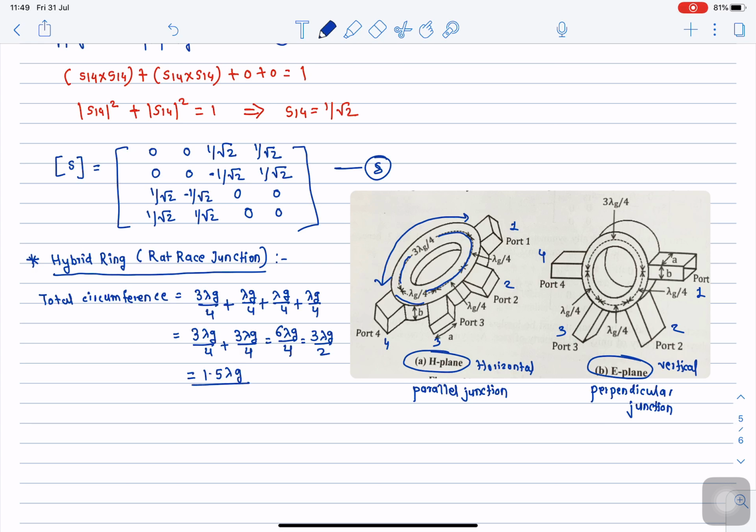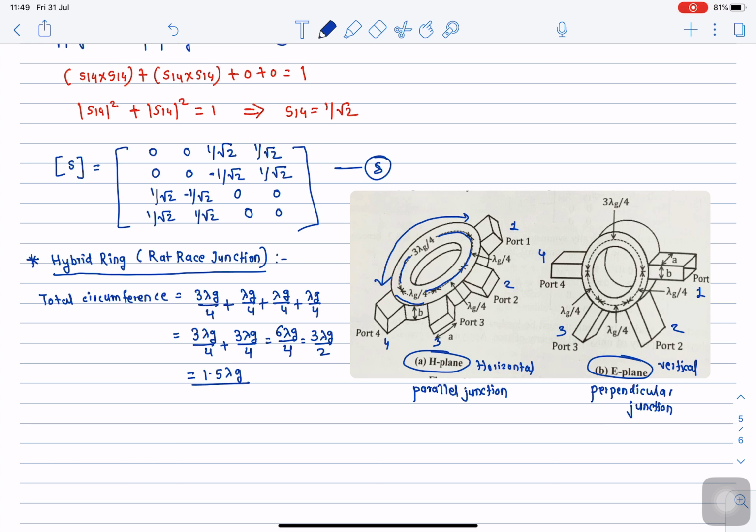I will redraw it over here again. Let us say these are the ports. Port 1, going clockwise, port 2, port 3 and port 4.